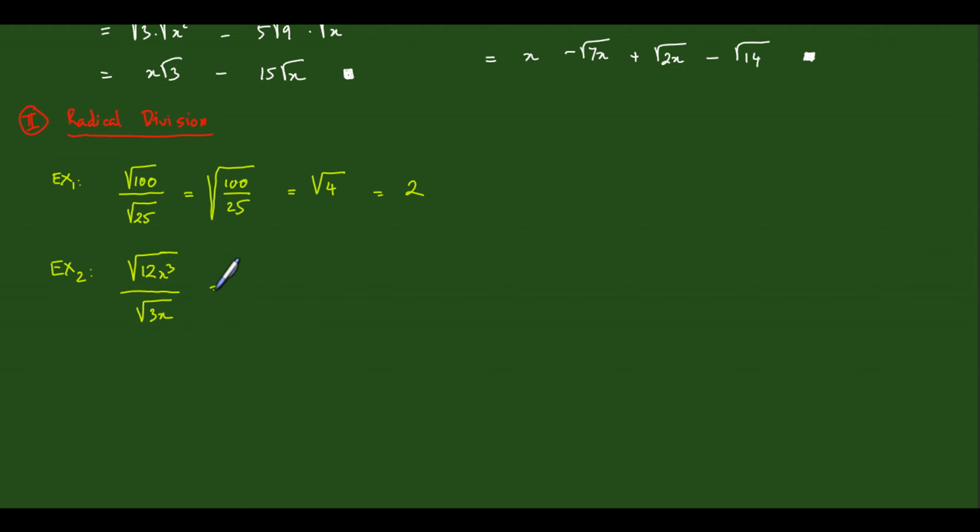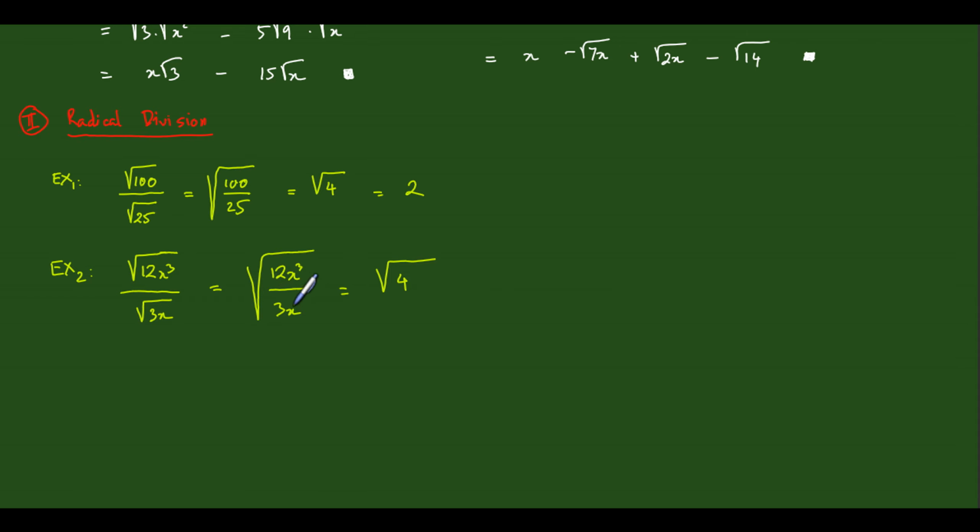Same thing, we're just going to write it under one radical. So 12x to the third divided by 3x. Now you see that 12 divided by 3 gives you 4, but we still have a radical because it's still inside. So x to the third over x.